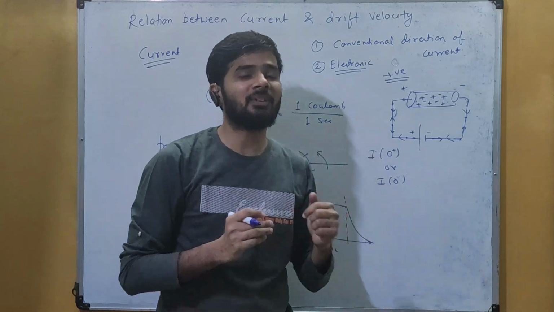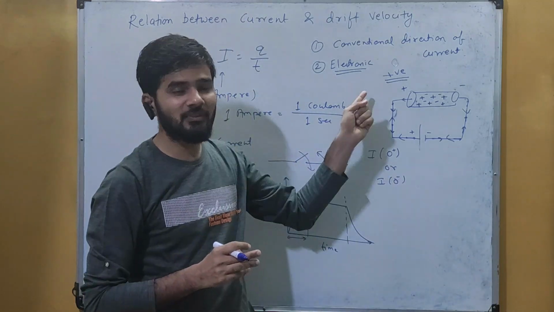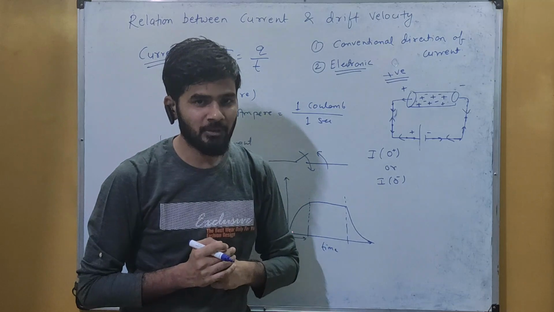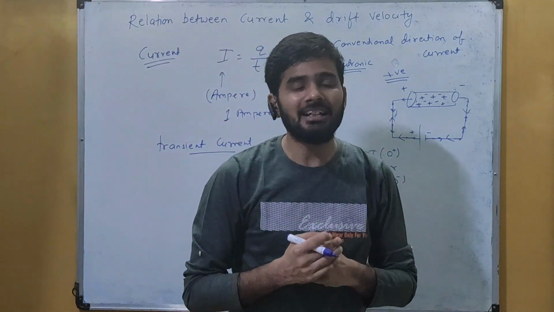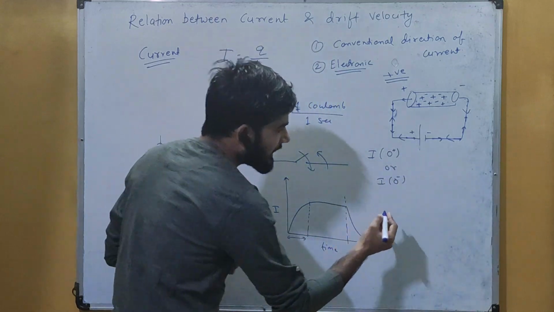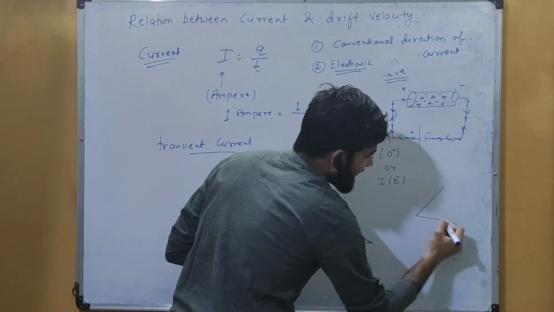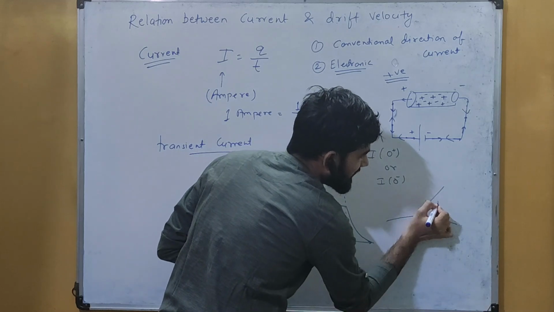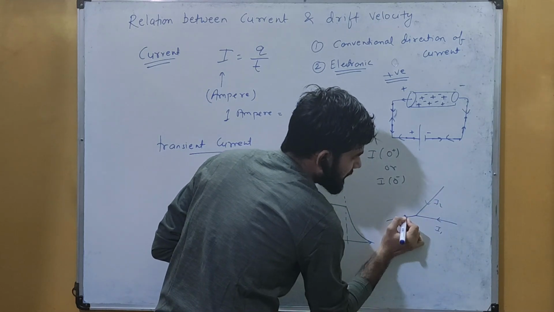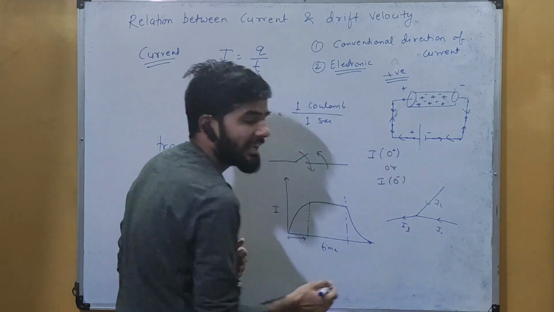Now here, if we consider the current to be a vector quantity, as we have this direction of current, then if we say that current is a vector quantity, देन अगर हमारे पास ये कुछ तीन कंडक्टर्स हैं, ओके, here we have current I1, here we have current I2, और यहाँ पर जो करंट है वो कितना है, मान लिया हमने I3.